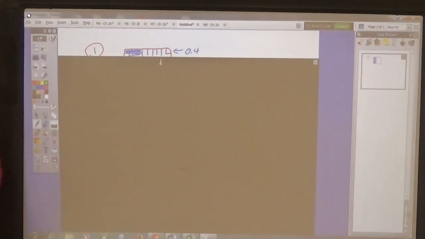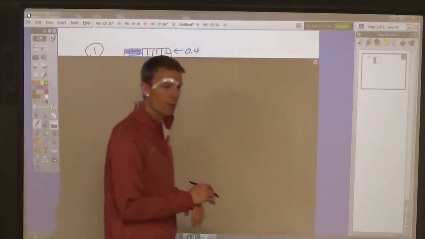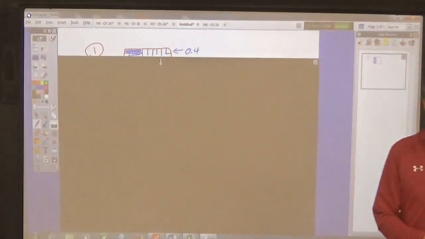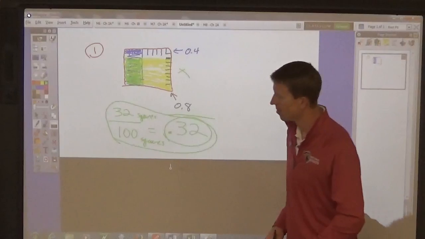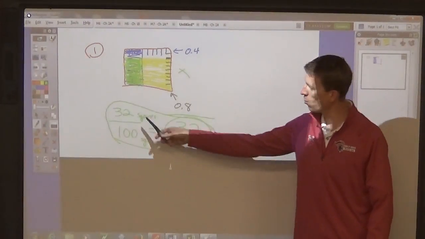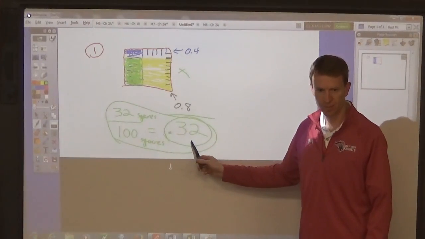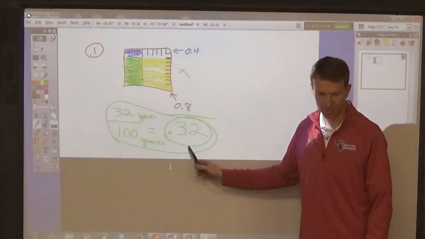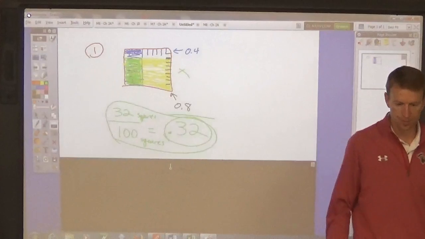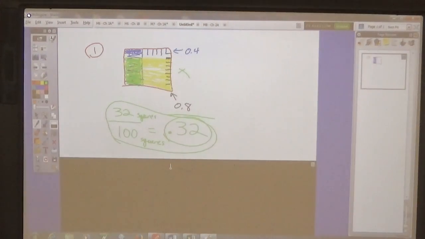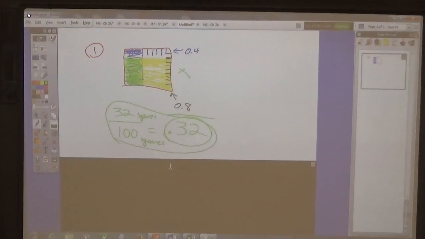Then write what the answer would be, just like you did for number 1. This is the answer for number 1. 32 out of 100 are shaded. 32 hundredths. Okay?